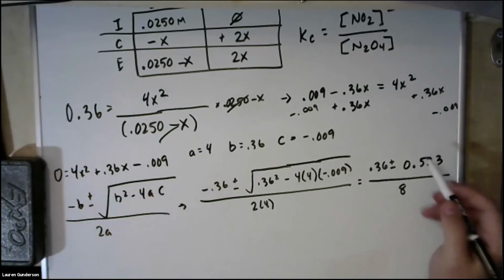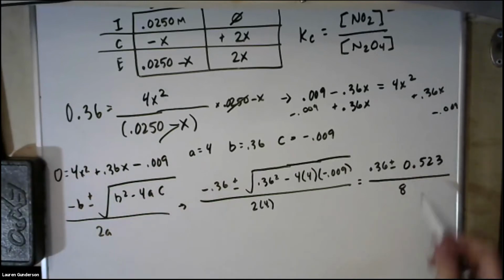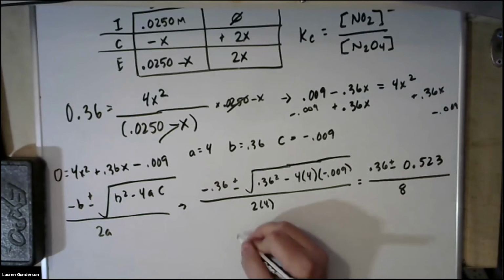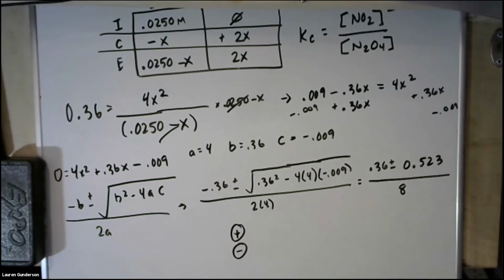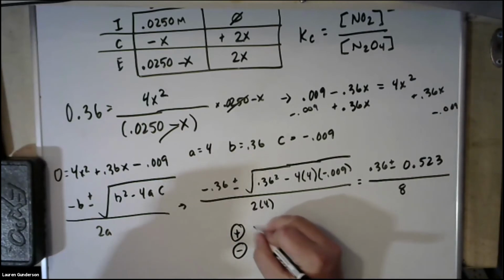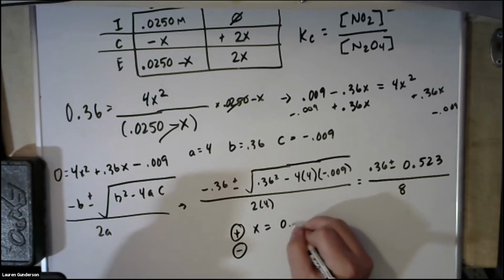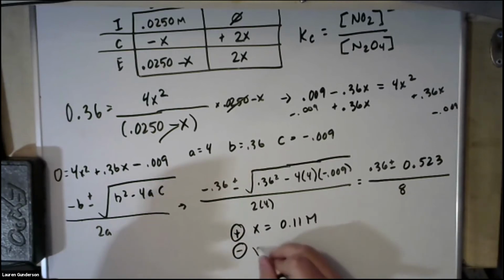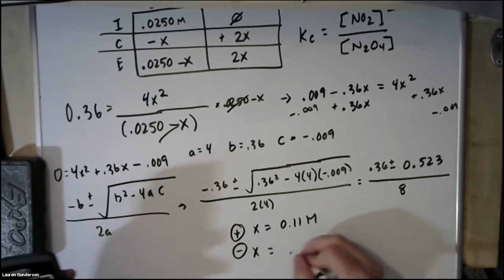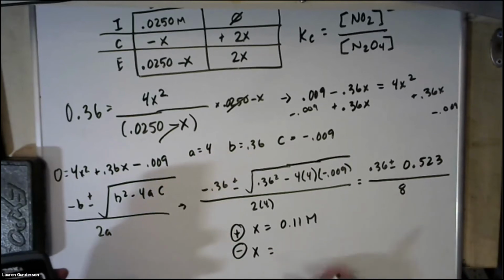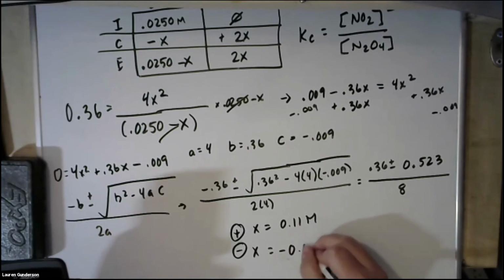So now we're going to calculate the plus value and the minus value for this. Okay, so I'll note them like this over here. So we end up with x equals 0.11 or x equals negative 0.02.